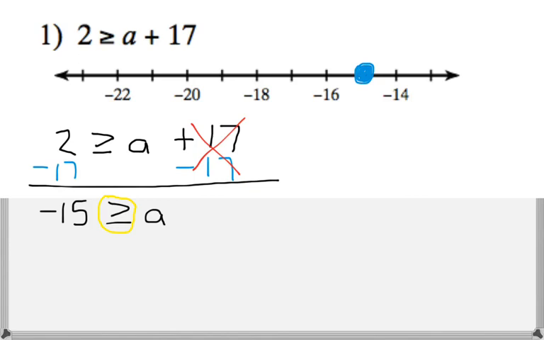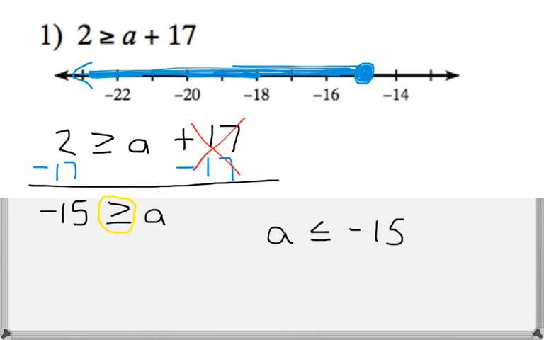So if it helps us, we can switch this around to look at it as a is less than or equal to negative 15. So for a, we want everything that is less than negative 15. So we would want everything on this side here. All of these over here to the left are less than negative 15. So we have our graph of our first example.